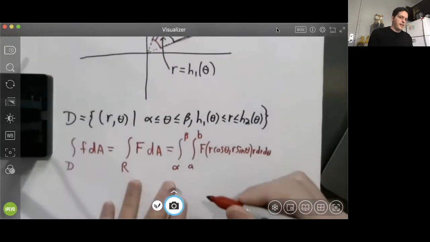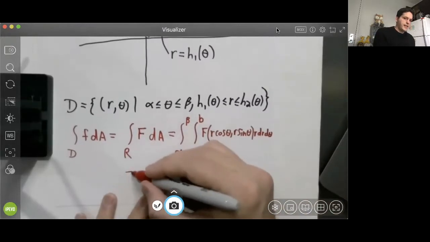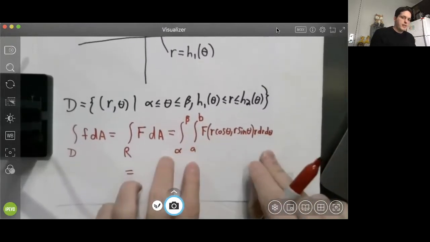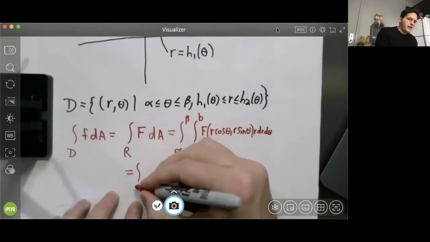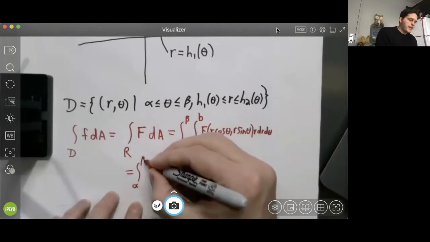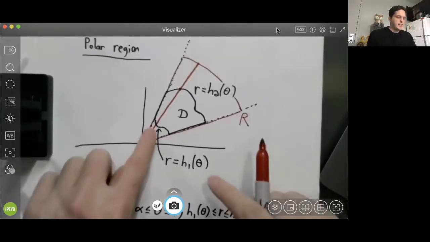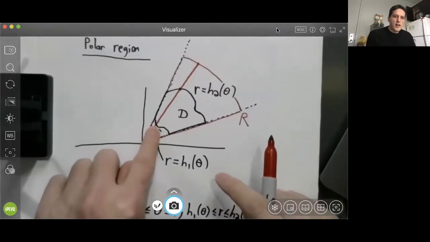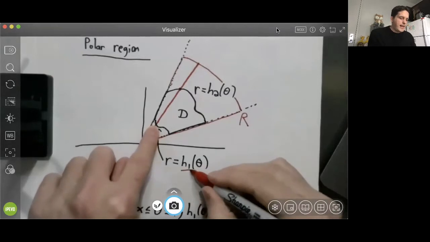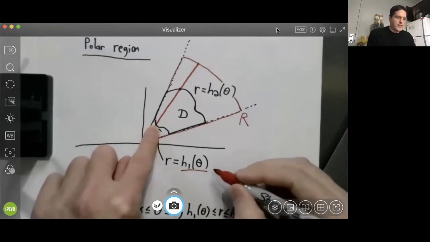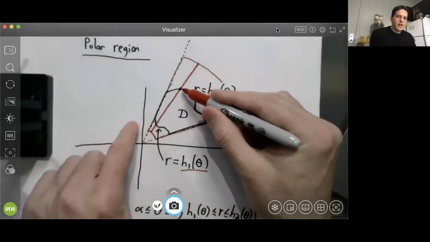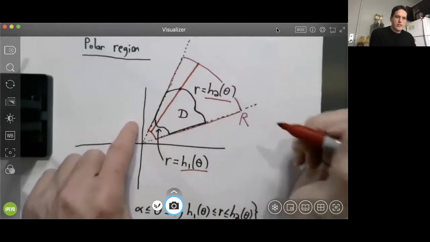So this can be rewritten as the integral from alpha to beta of the integral, where the starting value of r is h1 of theta, and the stopping value of r is h2 of theta.